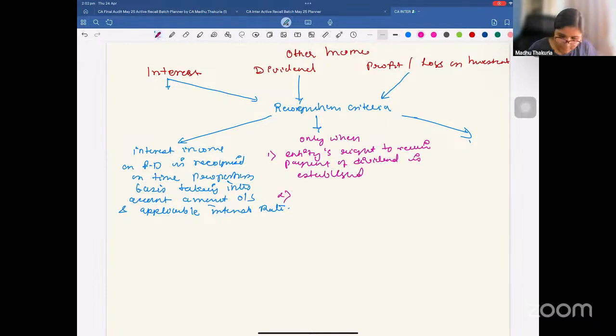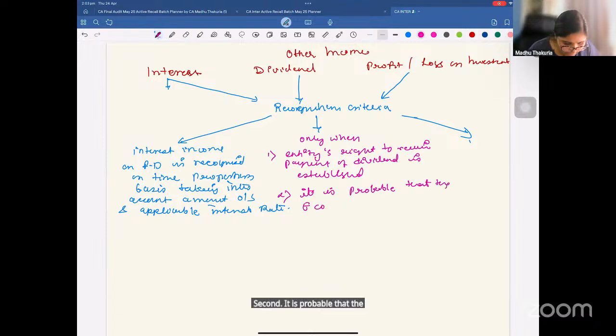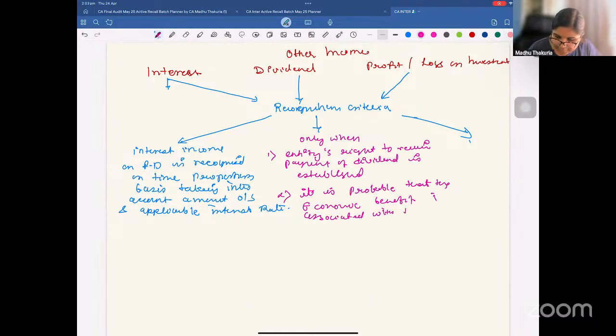Second, it is probable that the economic benefit associated with the dividend will flow to the entity.